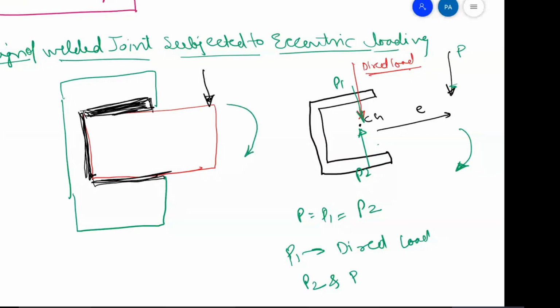It's trying to tilt it like this here, and because of this, it will create another stress, and that is shear stress. So P1 and P2 are creating secondary shear, whereas P1 is direct load, and it is creating primary shear in this weld, this and this.